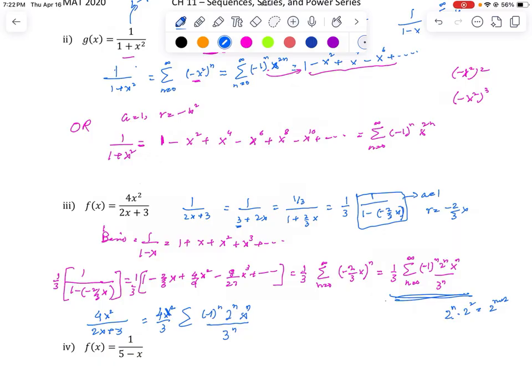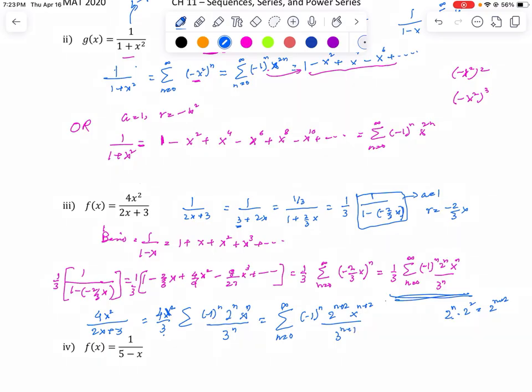Powers get added, so this becomes equal to summation, n going from 0 to infinity, negative 1 raised to n, 2 raised to n plus 2, and x also raised to n plus 2, divided by 3 raised to n, but then there is an extra 3 outside, so 3 raised to n plus 1.